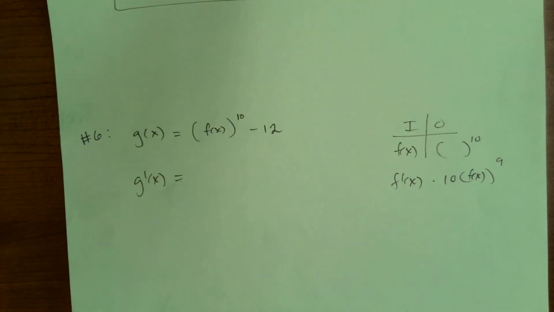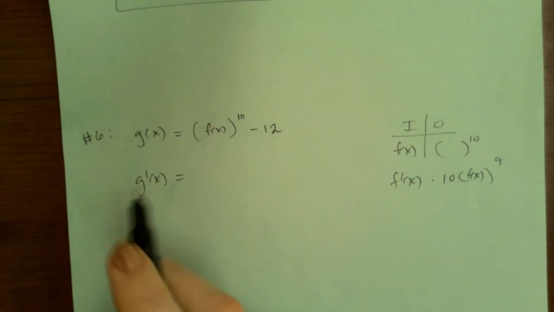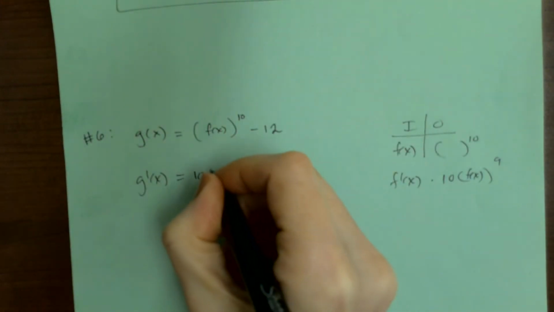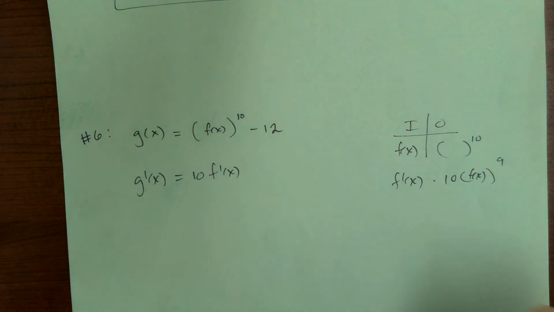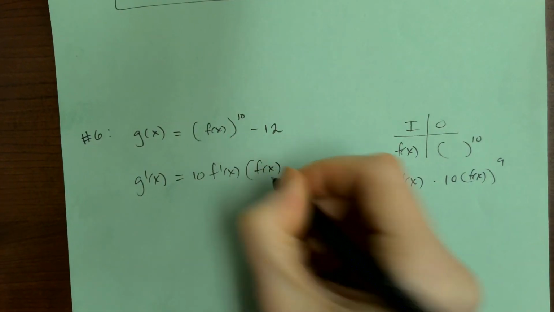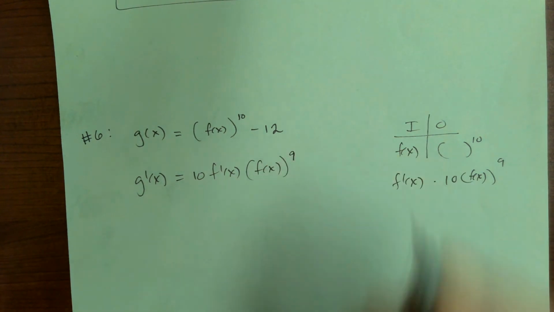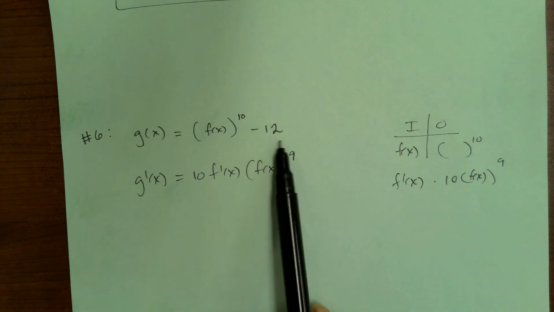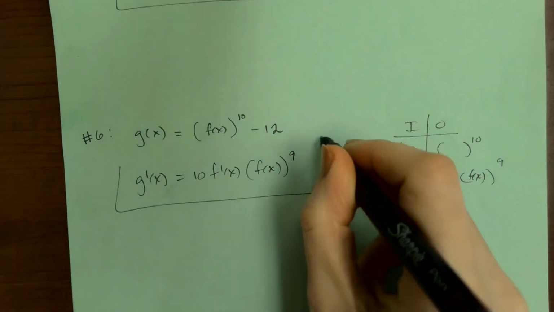And then f of x goes back in. So the derivative of this first term is 10 f prime of x, and then f of x to the 9th. The derivative of 12 is just 0.